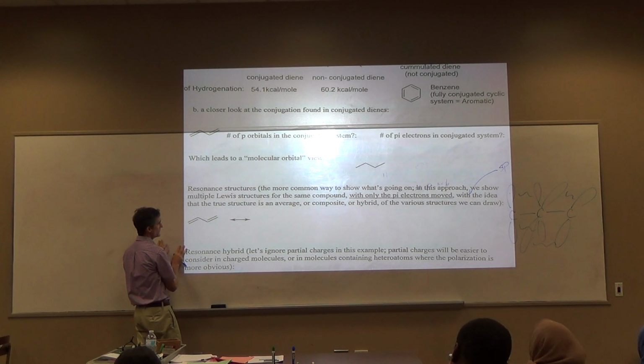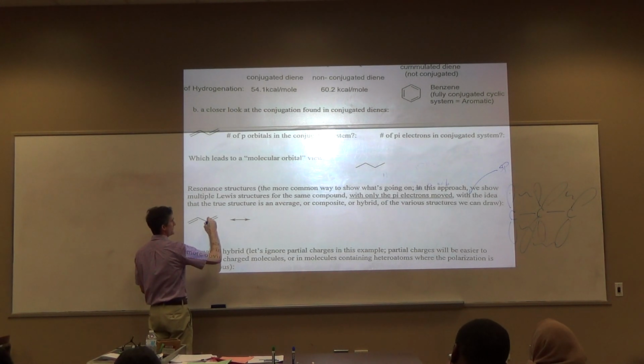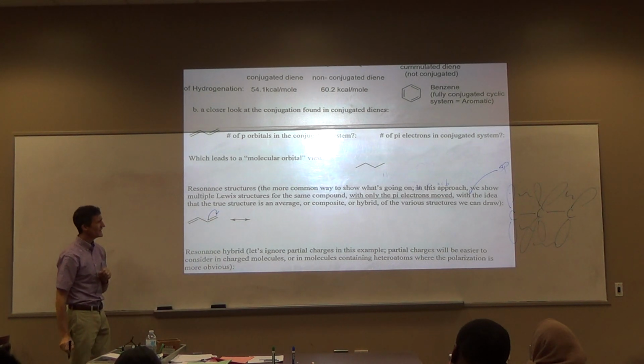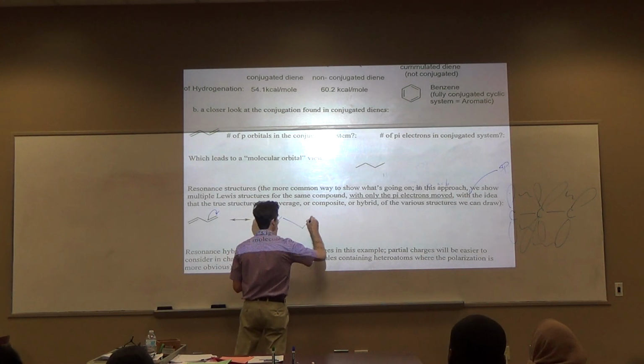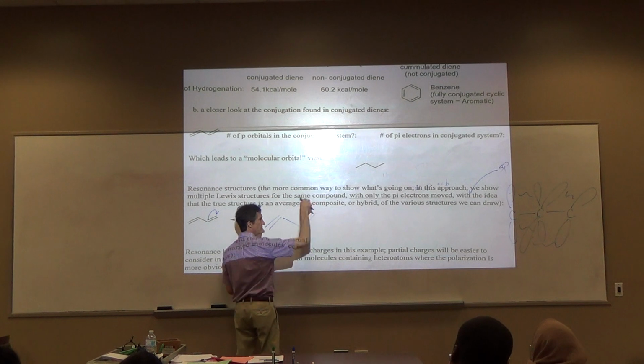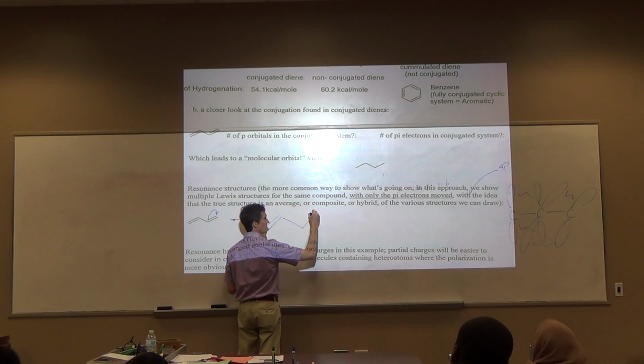When you do resonance structures, all you do is move pi electrons. For example, I could move these and just put them there. What does that arrow mean to you? That arrow should mean that I have just moved pi electrons onto this atom.